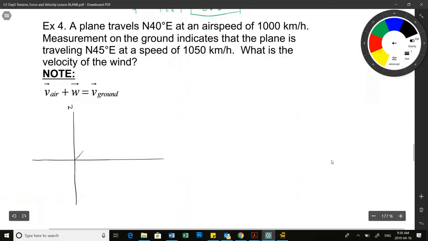I'm just going to do my best on here. Okay, so this is going to be 40 degrees inside here, and I know that this is 100 kilometers per hour. And this is the velocity of our airspeed, so we're going to call this velocity air.